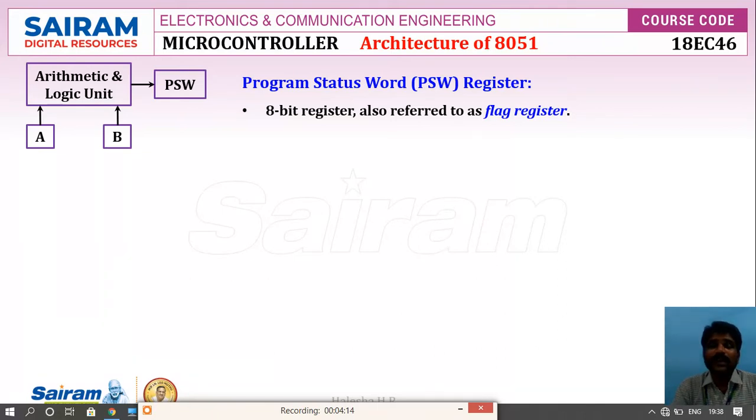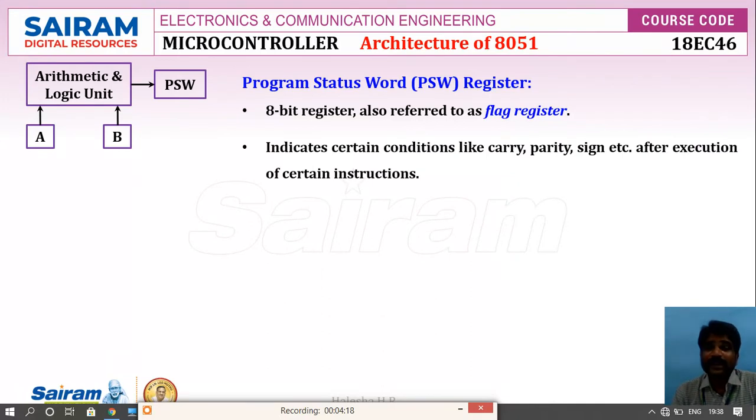Why? Because a flag means a single bit register and it consists of 8 flags. So this PSW indicates certain conditions like carry, parity, sign, etc. after execution of certain instructions such as addition, subtraction, multiplication. And these conditions are indicated by flags.